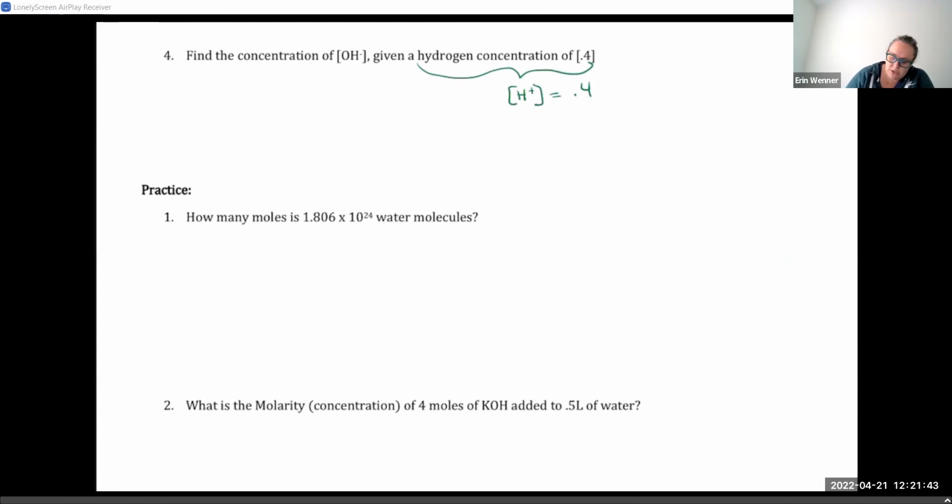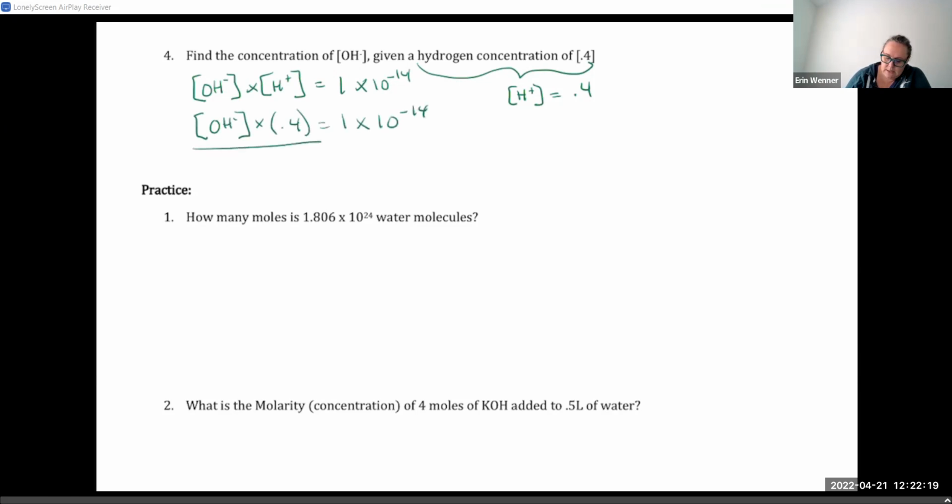The relationship between OH negative and H positive is OH negative times H positive equals 1 times 10 to the negative 14th. You could write just 10 to the negative 14th as well. That's fine. So if we want to solve for OH negative, that means we need to plug 0.4 in for H positive, and we then need to divide both sides by 0.4.